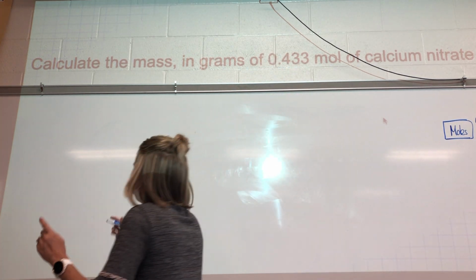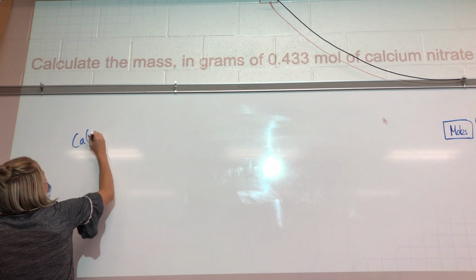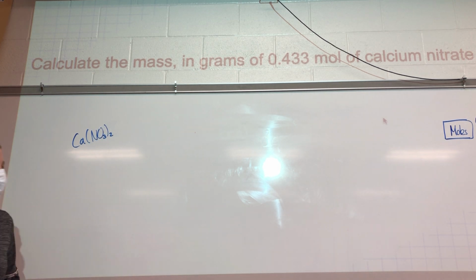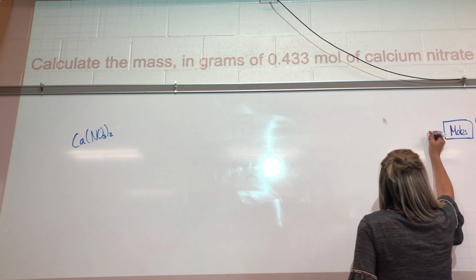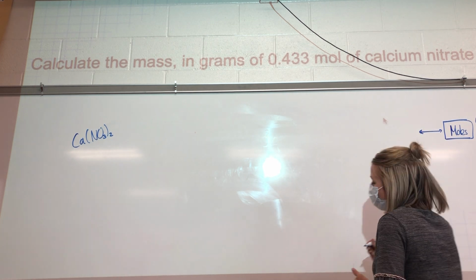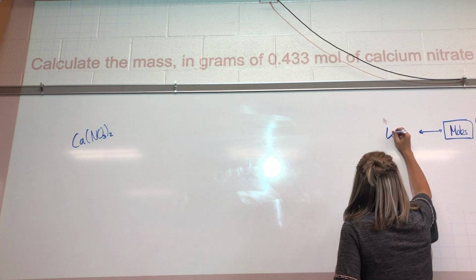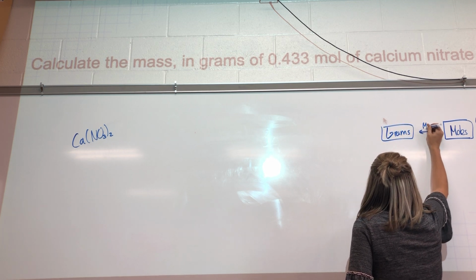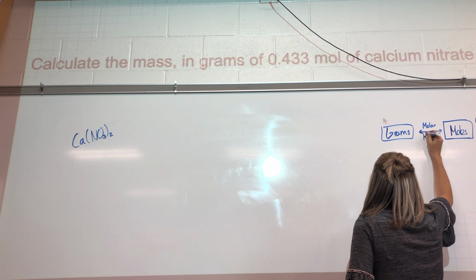Oh, calcium nitrate, by the way. That was on the homework, so we already calculated it. What was it? It would be 1 mole. We can just look it up. We're trying to calculate calcium nitrate. 164?